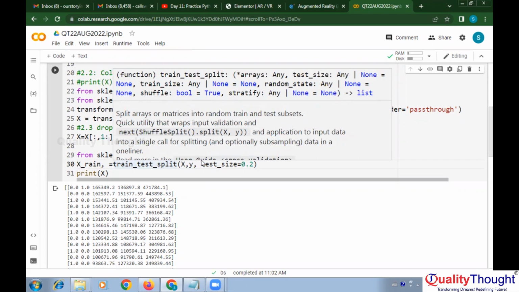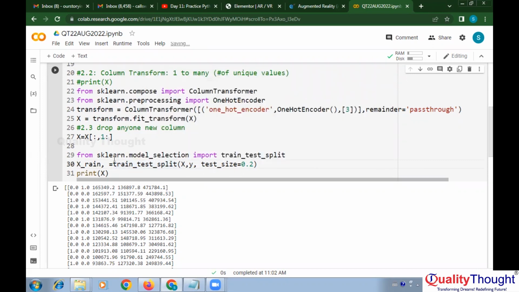Since we gave X first, the first output will be X_train. When you say train, that means you get 80% of the data. It's up to us what we call it, train or test. So X_train will have 80% of the rows of X, followed by X_test, which will have 20% of the X values.